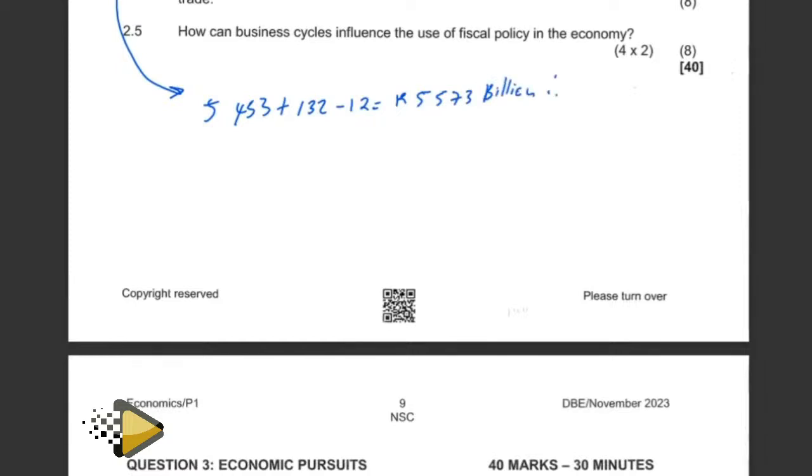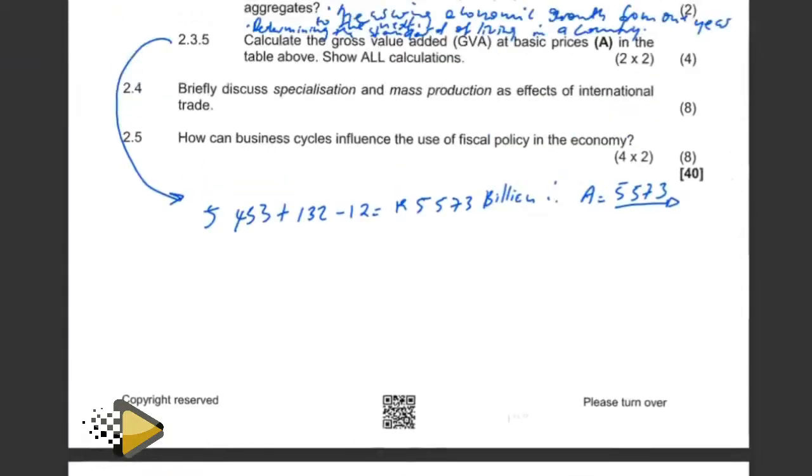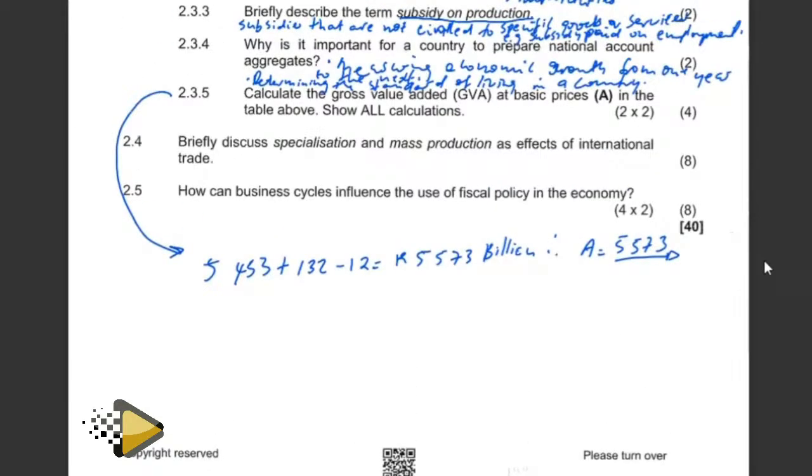Meaning we can say therefore our A is equivalent to 5,573. Now this is going to be our appropriate answer. Okay, right, grade 12. Now let's move on to the next question.